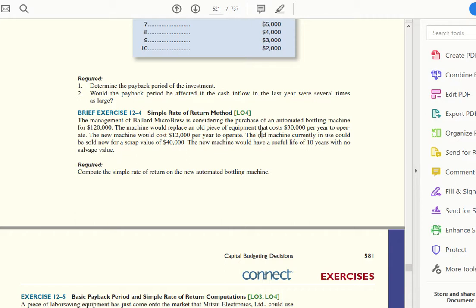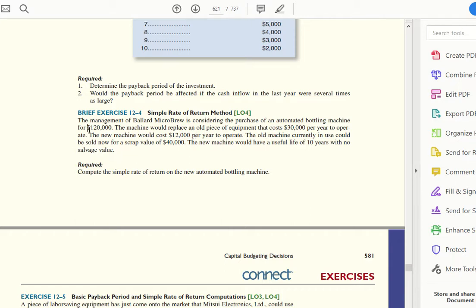Well, we say that it's either going to produce income, and that's a positive inflow, or it's going to reduce costs, and that'll be a positive inflow. Over here we see that it's going to reduce costs by lowering them to $12,000. So the difference between those would be the cost saving, but we also need to worry about depreciation.